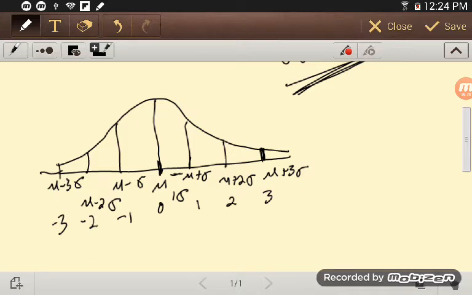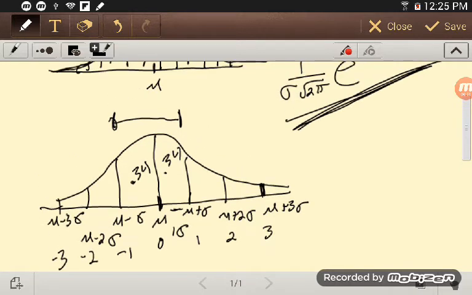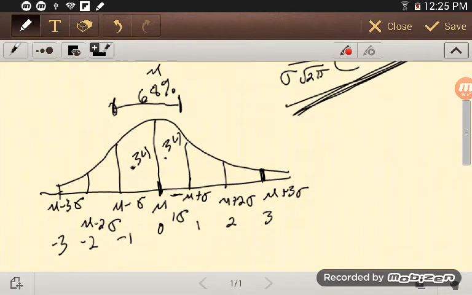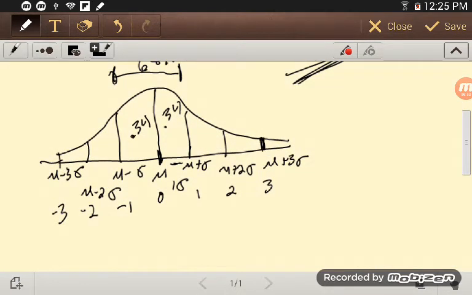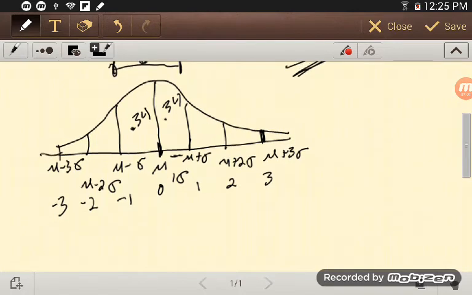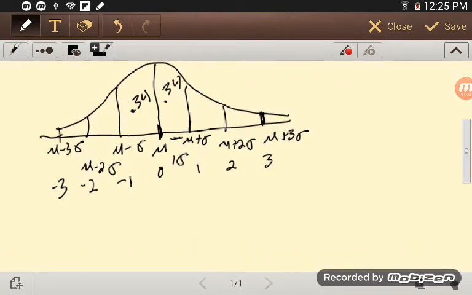So what we know is, it's symmetric, so each of these is 0.34, or in between there is 68%, or 0.68. So that's always true, and we'll do a couple quick examples of what we mean there.